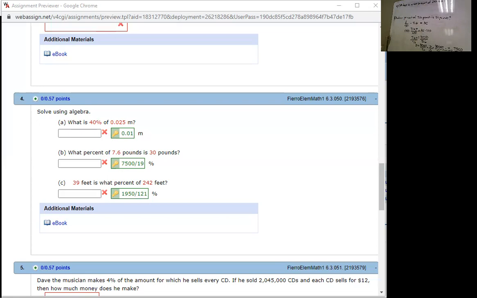Okay, so let me erase this part right here.